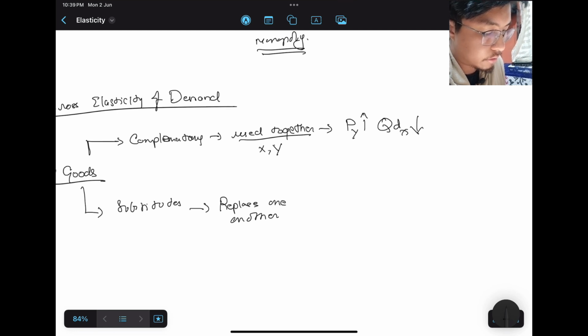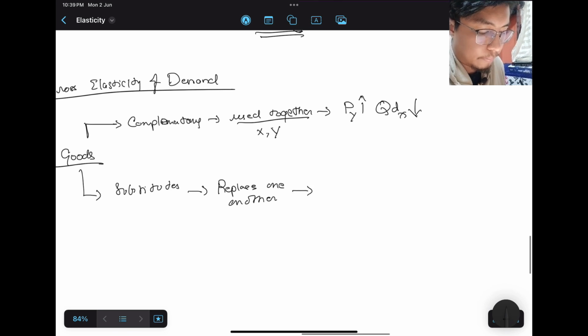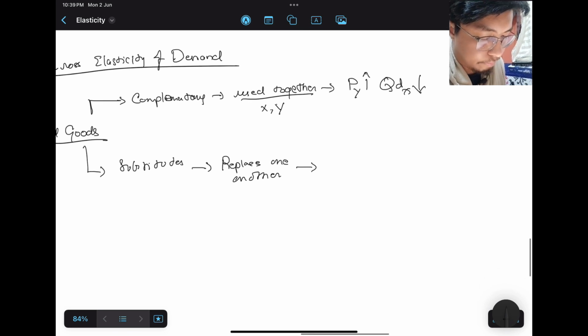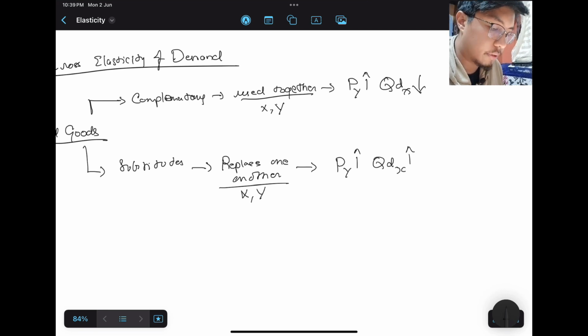It decreases. Car and petrol: if petrol prices increase, what happens to the demand for cars? It decreases, right? But then let's say x and y are substitutes. So when prices of y increase, what happens to the quantity demanded of x? It increases.